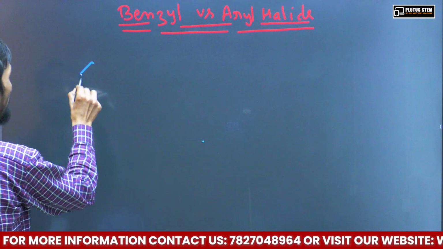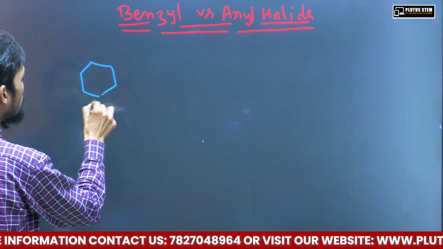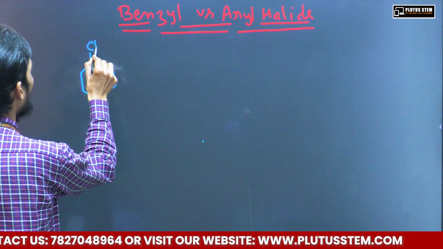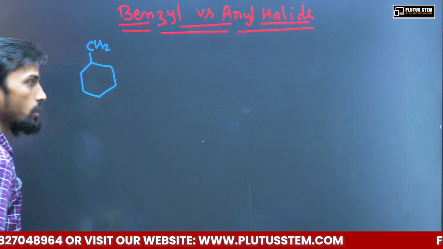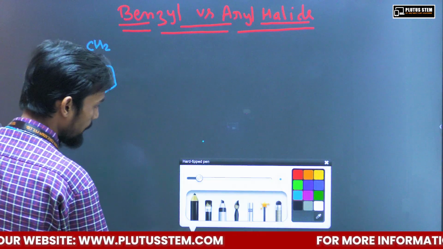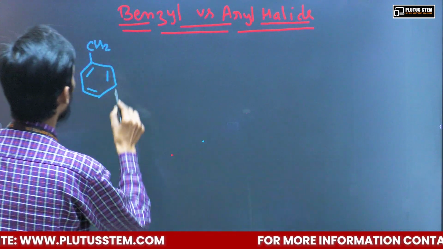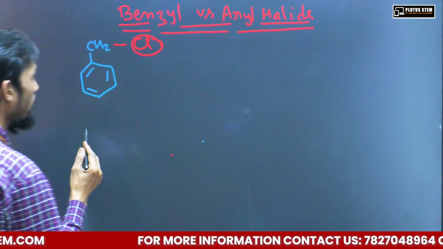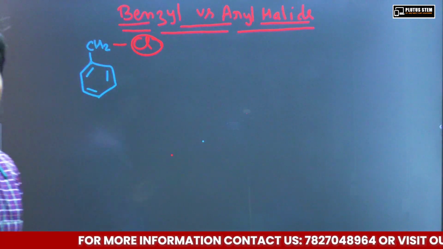You have to see a benzene ring. This is a benzene ring and a carbon is attached to this, and if at this carbon a halogen is attached, let's say chlorine, it is known as benzyl halide.